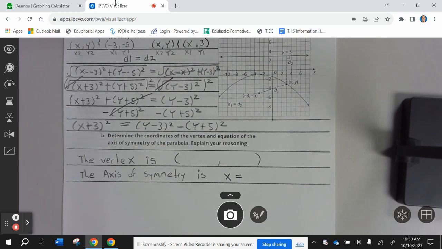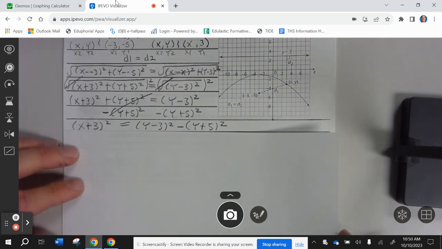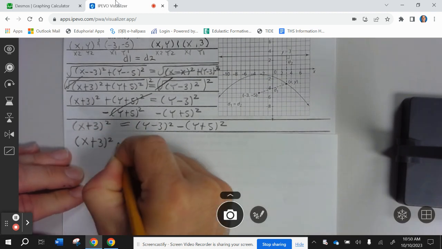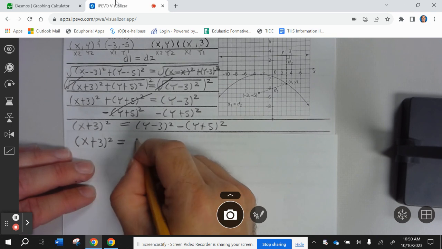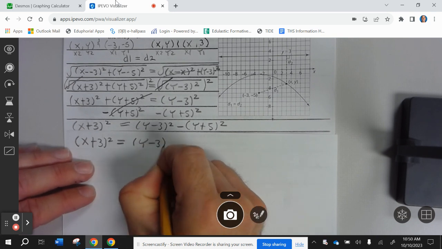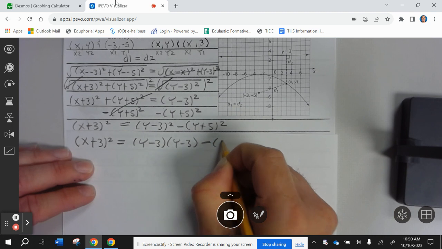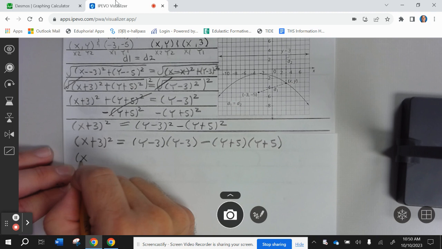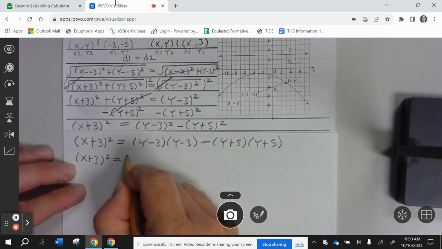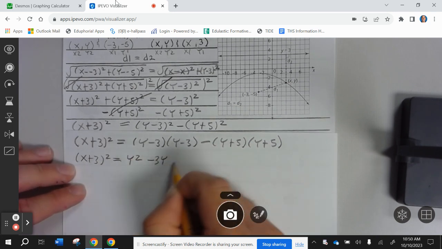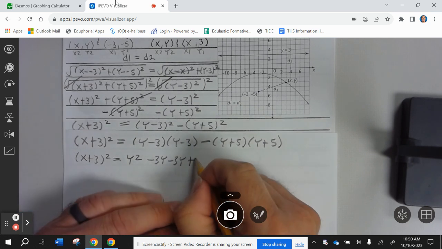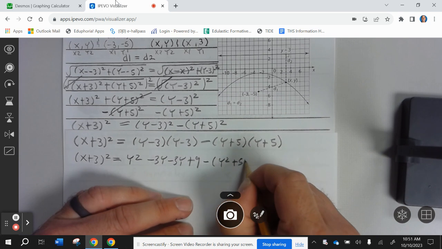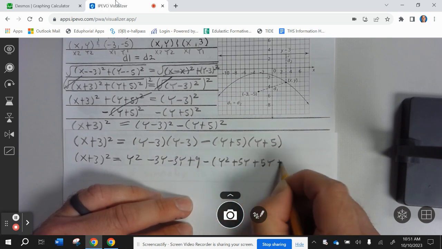Now, I ran out of room on the paper, so I'm going to have to add some paper to this. So I'm going to do that here. So we're just going to leave this as (x plus 3) squared equals (y minus 3) times (y minus 3) minus (y plus 5) times (y plus 5). So (x plus 3) squared equals y squared minus 3y minus 3y plus 9 minus y squared plus 5y plus 5y plus 25.